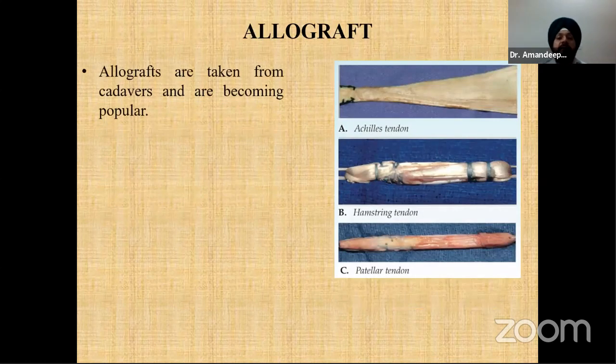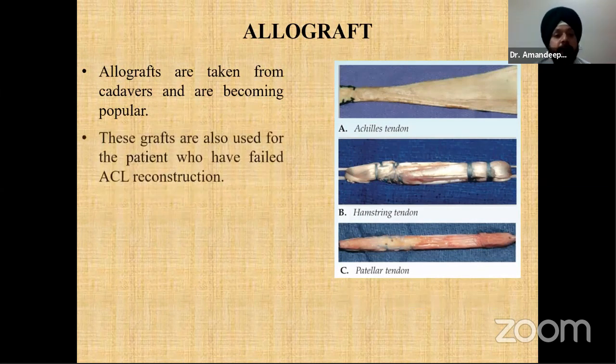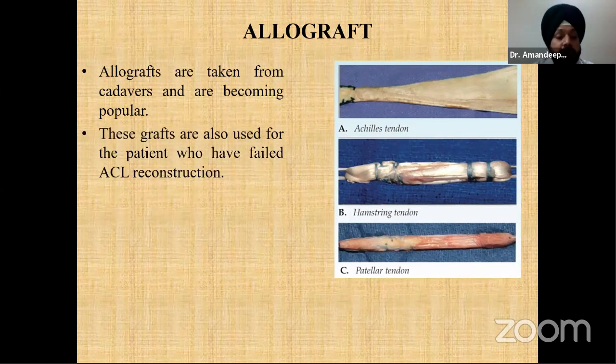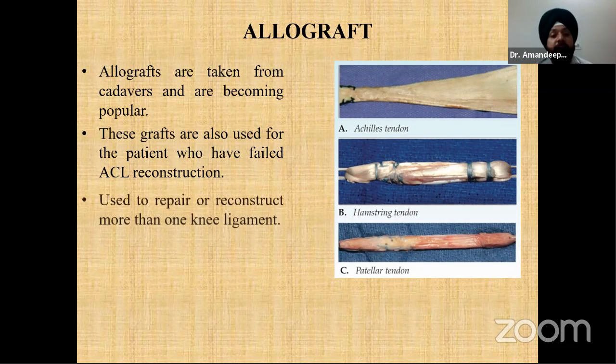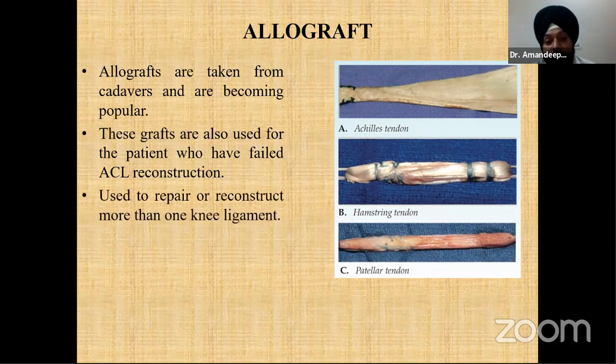Then, as I have already told you, we can take the graft from other persons. In that case, it is taken from cadavers and is becoming popular these days. These grafts are also used for patients who have failed ACL reconstruction, and when more than one knee ligament has been injured.